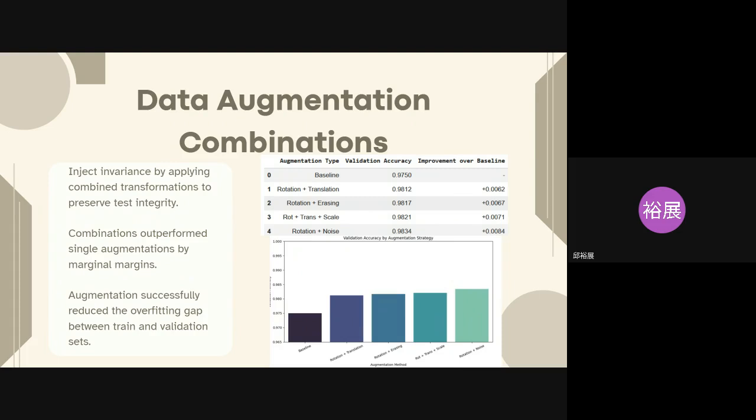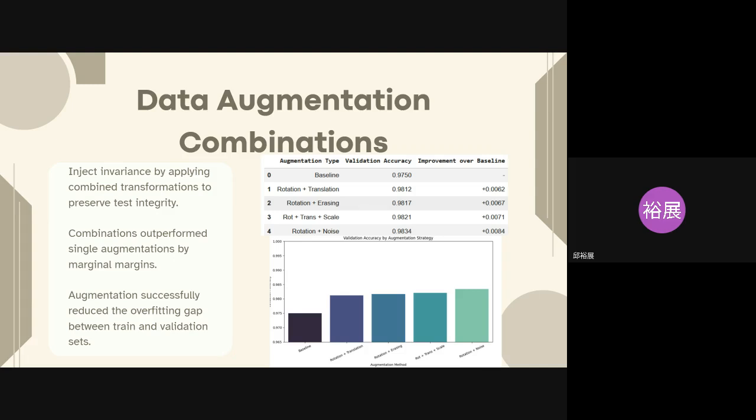But it does improve in these four combinations that I tried training with the model. I think different kinds of augmentation actually help with different deficits of the image quality. So different combinations show different improvement over the original unaugmented model.